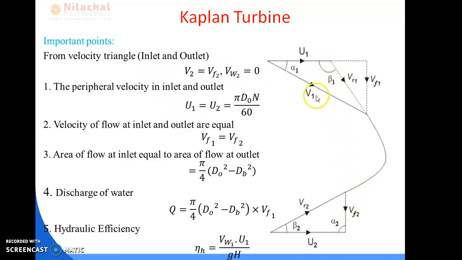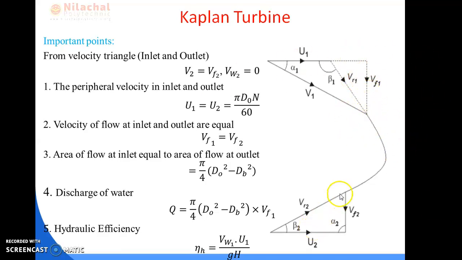At inlet, V1, U1 and Vr1 make the inlet velocity triangle. Vf1 and Vw1 are the components of V1: the vertical component Vf1 and the horizontal component Vw1. This Vw1 causes the motion of the runner to produce mechanical power.